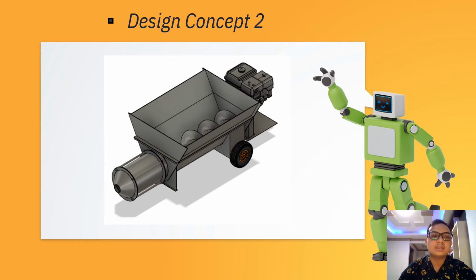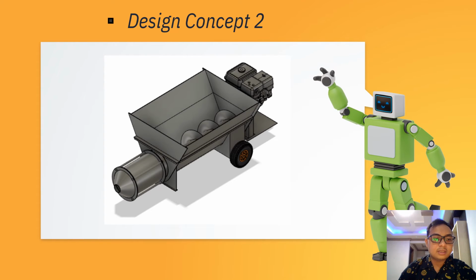And the next is design concept 2. In design concept 2, the conveyor strokes have a length of 100 millimeters, so they require an output conveyor of 500 millimeters long.